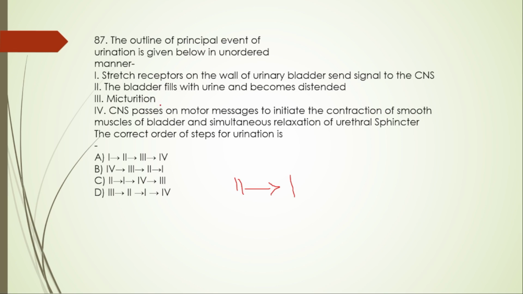Fourth one, CNS passes on motor messages to initiate the contraction of smooth muscles of the bladder and stimulate simultaneous relaxation of the urethral sphincter. This micturition will be last. So 2, 1, 4 and then 3. C is right.